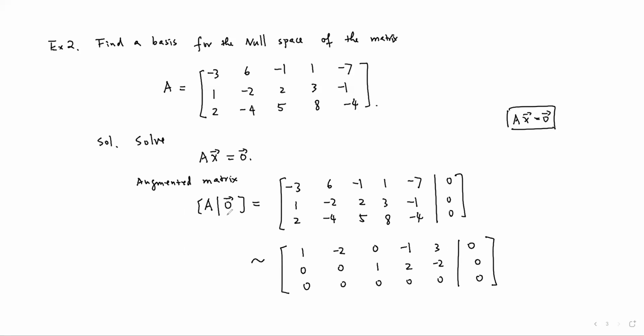After we reduce the augmented matrix to reduced echelon form, then write the final augmented matrix in equations. The final matrix in equations is the following linear system. The first row is x1 minus 2x2, x4, x5, 0.